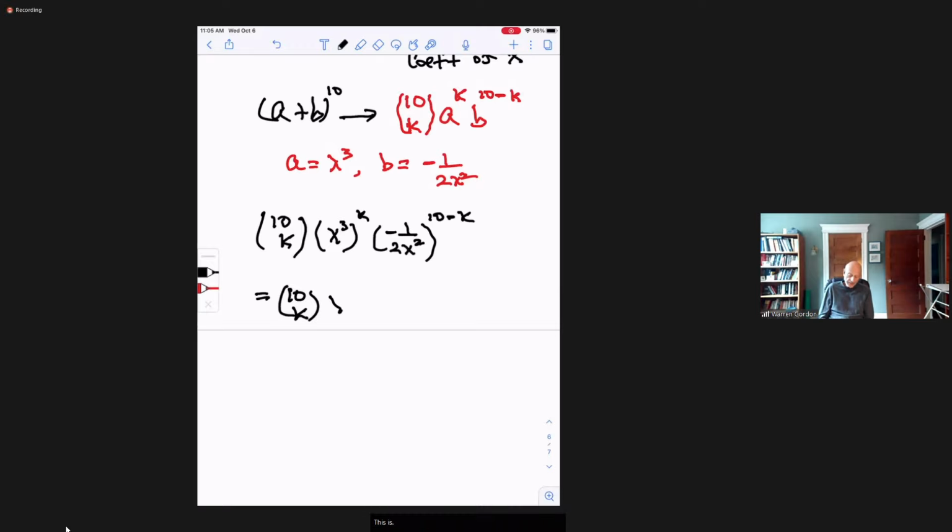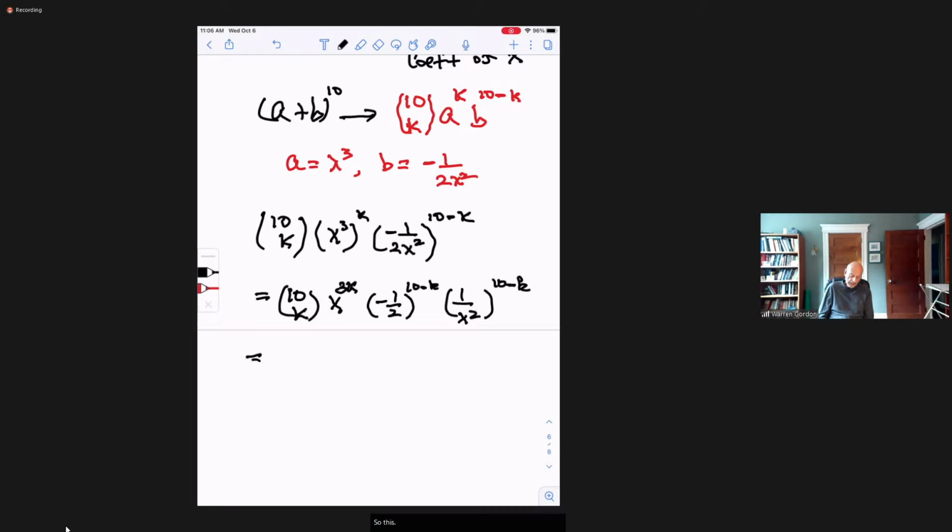This is x to the 3k. This is minus 1/2 to the 10 minus k. I'm using the laws of exponents. And 1 over x squared to the 10 minus k.